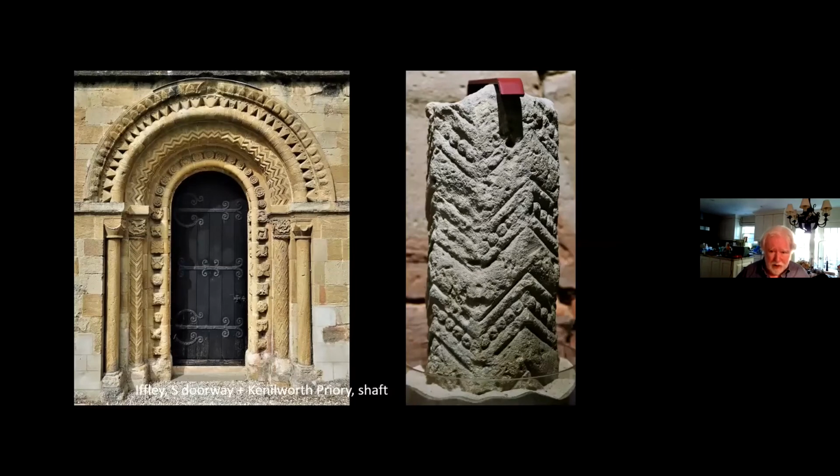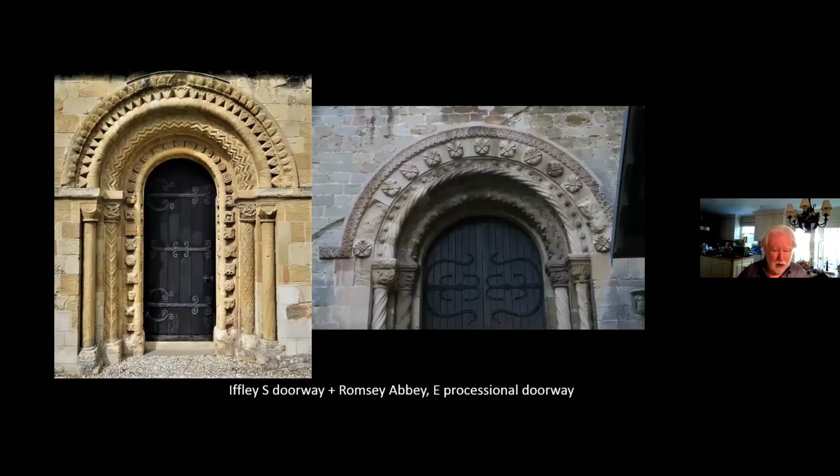And one other detail from Kenilworth for Iffley, we've got the south doorway at Iffley there. Sorry, I don't have a detail to show you, but there, this beautiful beaded chevron ornament, there is a detail of a similar shaft at Kenilworth. And so what I was saying before about a very close relationship is very much reinforced by this parallel.